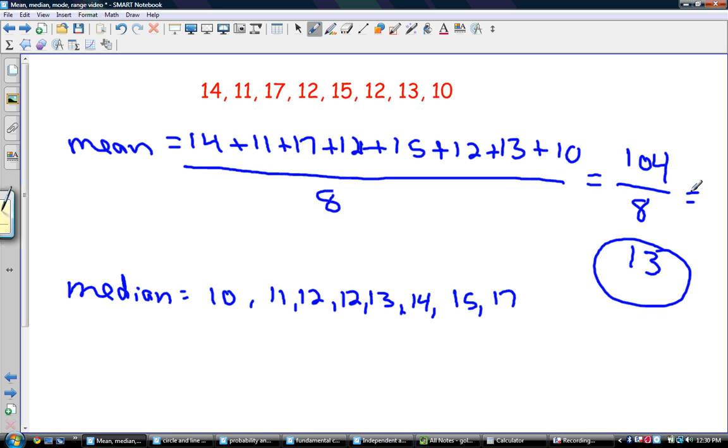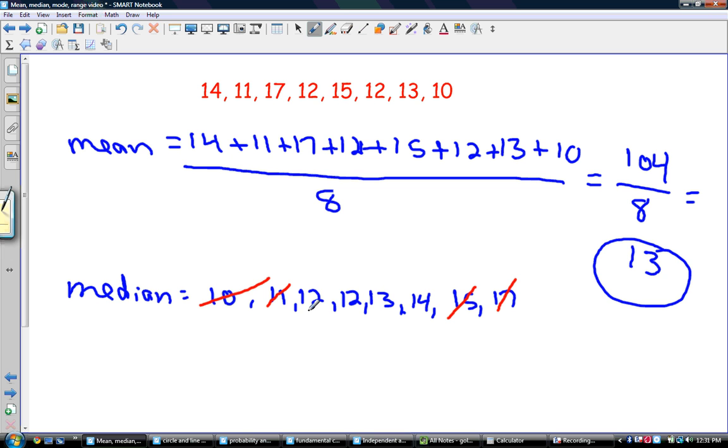So we said the median is the one that's in the middle. So what I'm going to do to find the middle number is I like to start at the ends, and I cross off the ends, and I work my way in to the center so I can figure out what the middle number is. So there's the two on the end. This is the next two in.